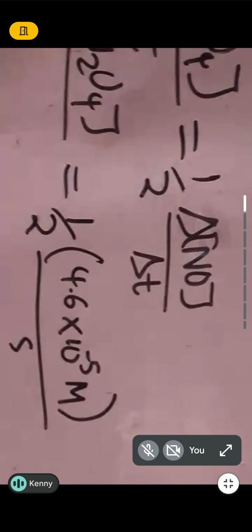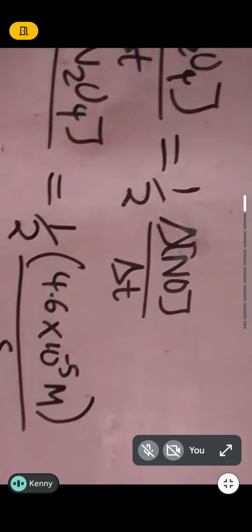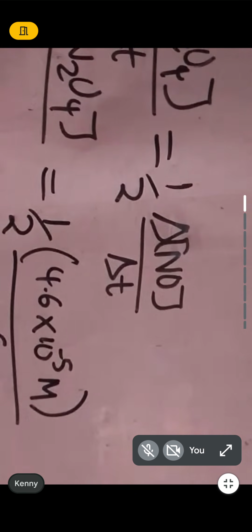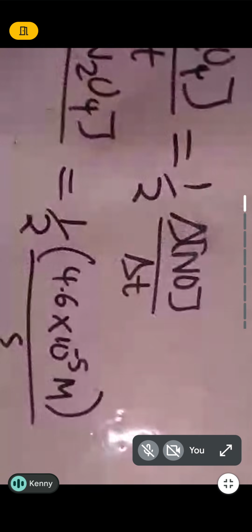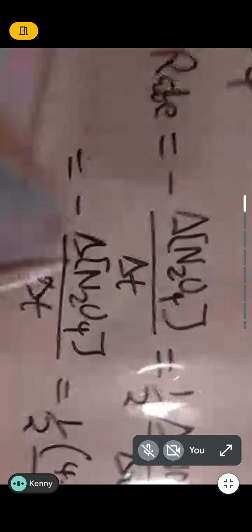It's rate over time: the concentration is in molar and the time is in seconds. So M over S is the same as M slash S. Here we want to find delta N2O4 over delta T, which is the rate.